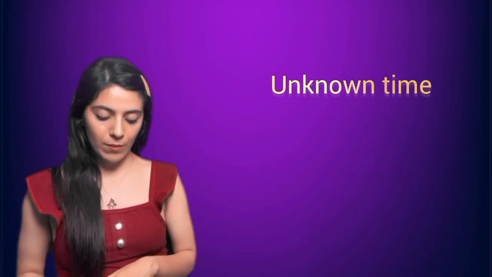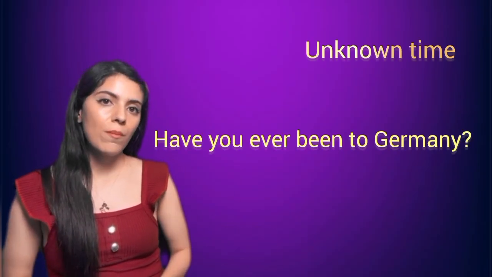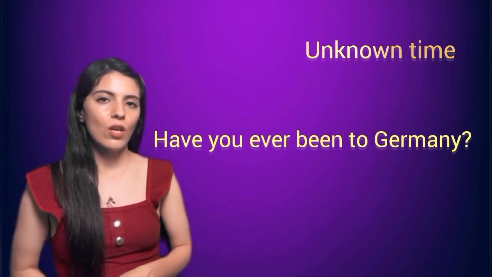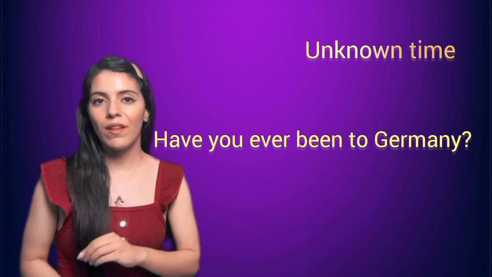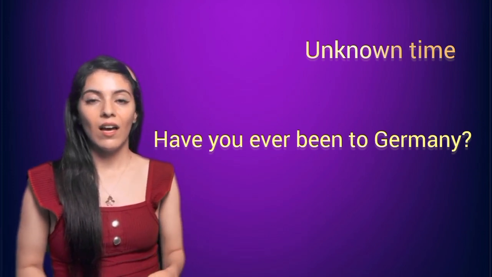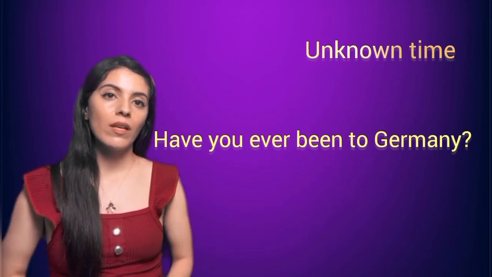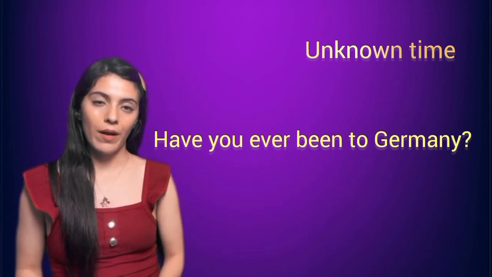We also use present perfect when we're talking about unknown time in the past. For example, have you ever been to Germany? If I ask you this question, don't tell me when you have been because I don't care about it. The only thing I care about is that I would like to know if you have been to Germany even once or not, right?